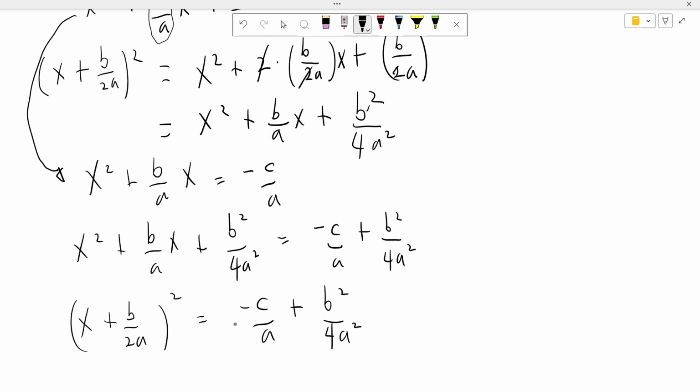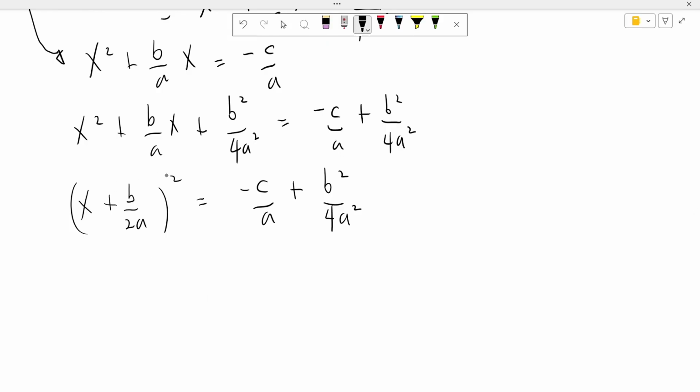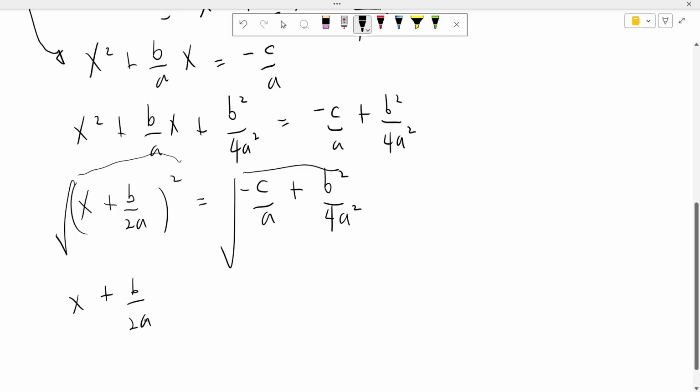They are not x. So how can we solve this? We take the square root. So what does this mean?